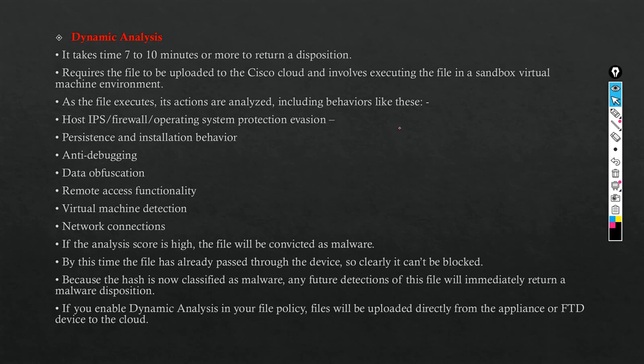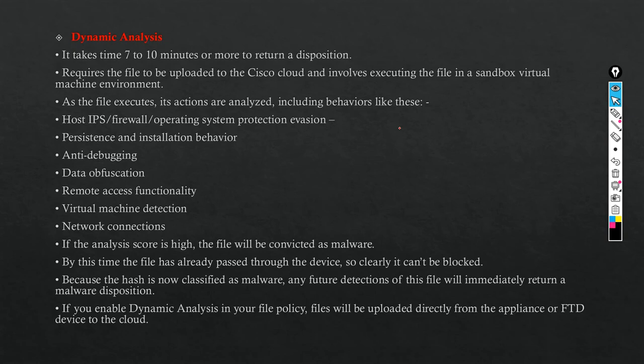Then they track several things. When this file is executed and running, does it try to do IPS evasion, firewall evasion, or operating system protection evasion? Is it doing data obfuscation, or something related to remote access? They check the behavior of this file and do the analysis.